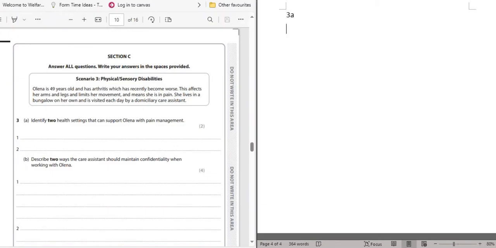So quite an extensive list. You could go with GP surgery. Now I always emphasize whenever you're using GP as an answer, you always want to say the GP surgery for the place, or GP, doctor, or general practitioner for the person.